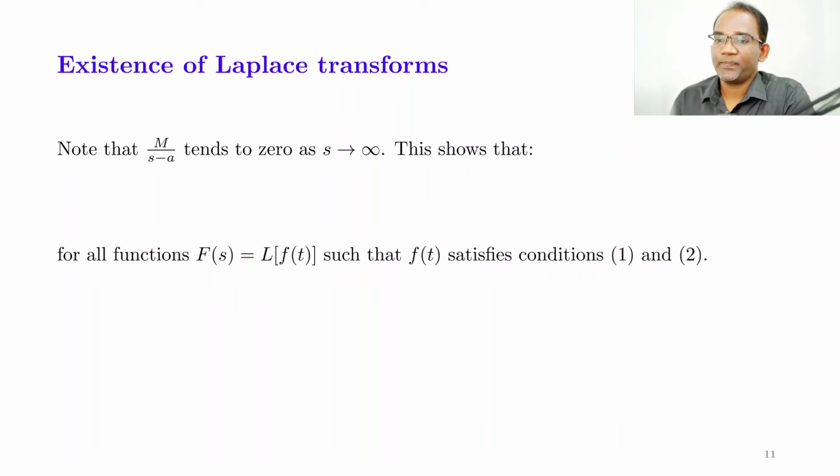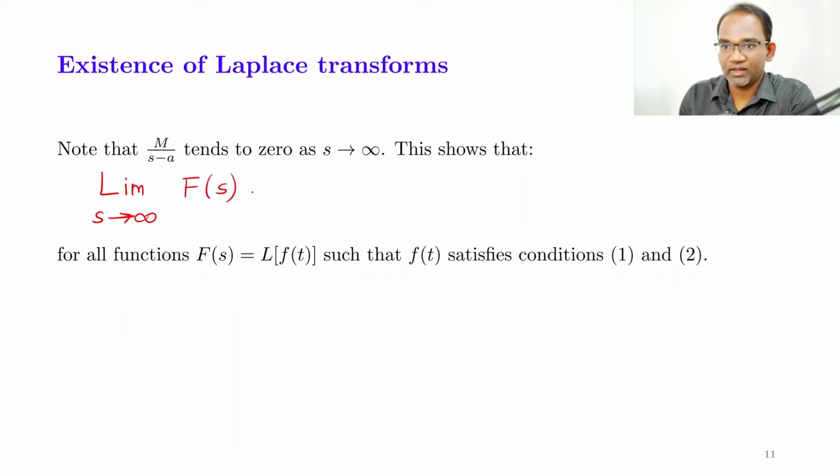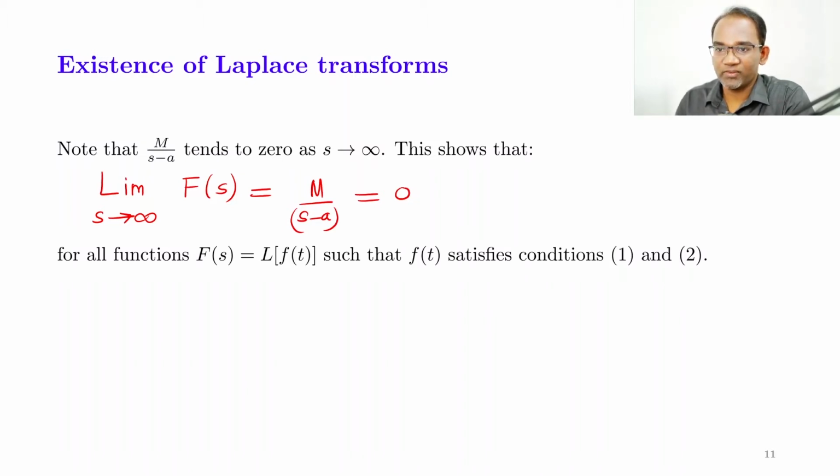Now, note that M over (s - a) tends to 0 as s tends to infinity. So that shows that the limit as s tends to infinity of F(s), which is bounded by M over (s - a), equals 0 for all functions F(s) which are the Laplace transform of f(t), such that f(t) satisfies conditions 1 and 2 that we have seen previously.